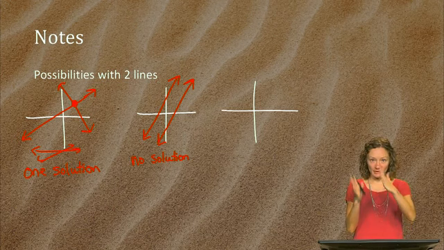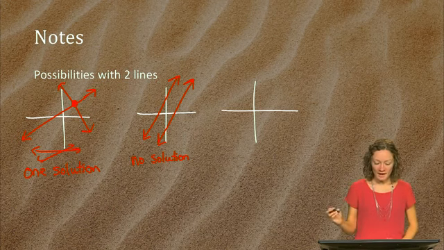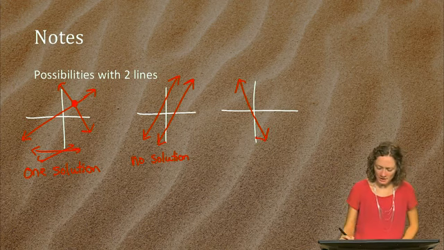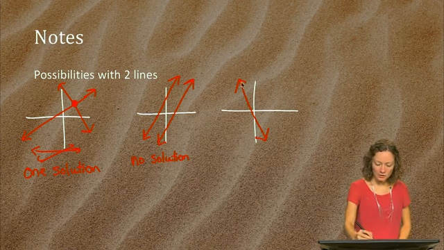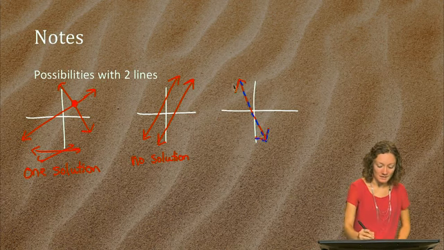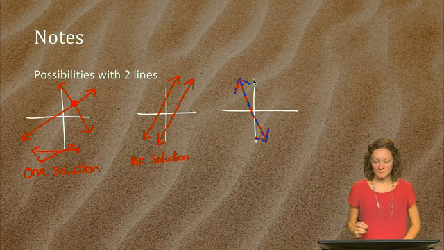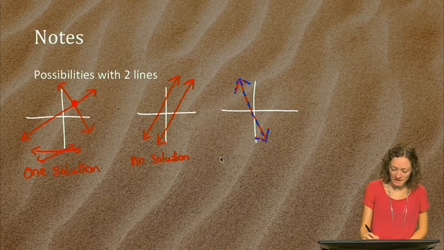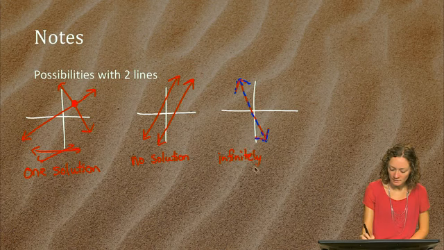So it could be that they're parallel, in which case we have no solution, and it could be that, and I'm drawing a different direction, but it doesn't have to be, it could be that they are essentially the same line. In which case, there are infinitely many solutions.